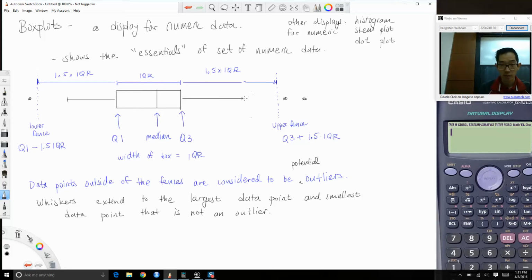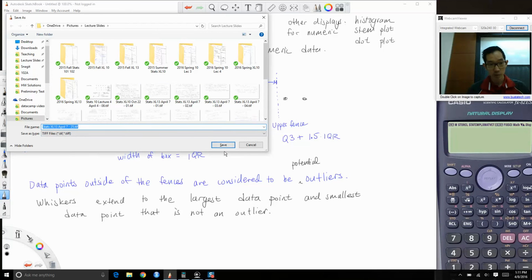So don't just go straight to the fence, okay? Find the largest data point that you have that is not an outlier, and the whisker ends there, okay? So extend to the largest data point and smallest data point that is not considered an outlier. So if your smallest data point is not an outlier, then it goes just to that point, all right? Otherwise, the whiskers go there, okay? Is that all right?